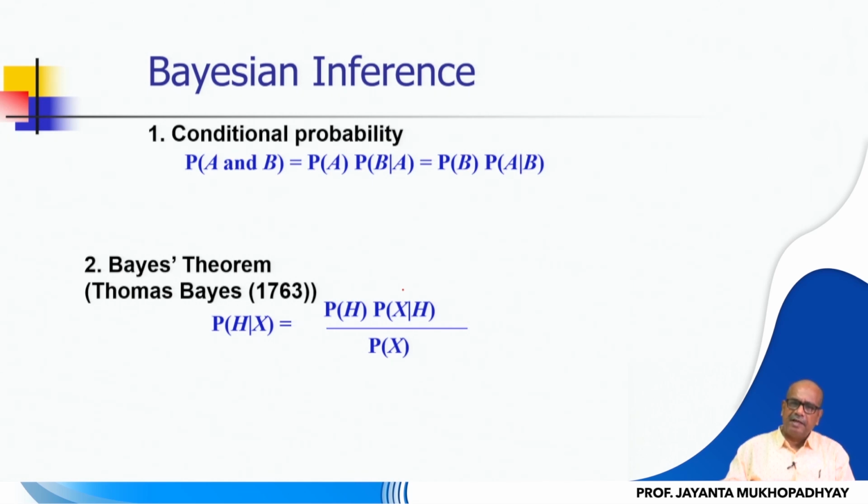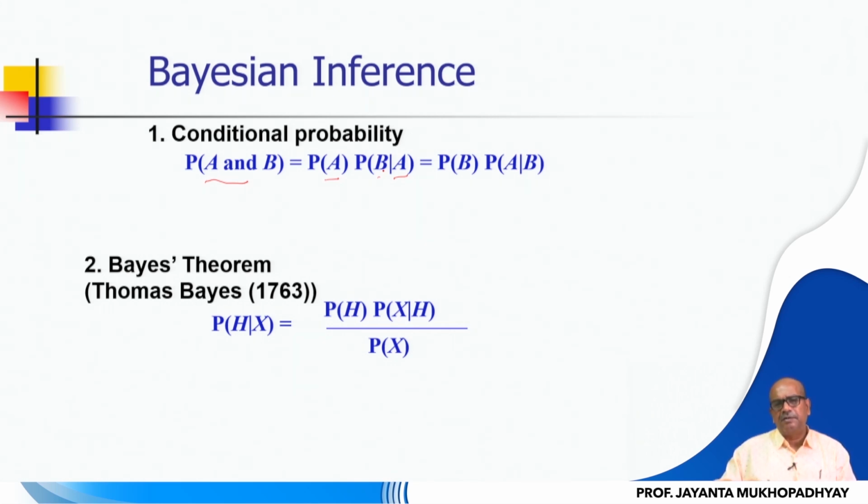That means the probability of A given B, or the probability of B given A. So the joint probability of A and B can be considered as: A has occurred, and together with that, B has occurred. So what is the probability of A, and then what is the probability of B given A? Observing the occurrence of A, how do you say what is the probability of B? That is a conditional probability.